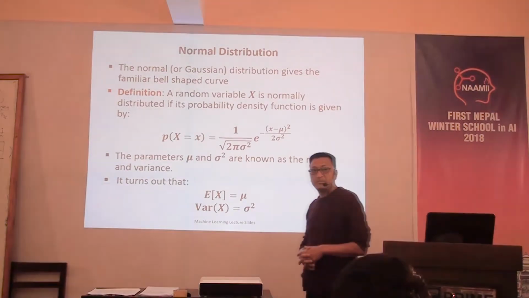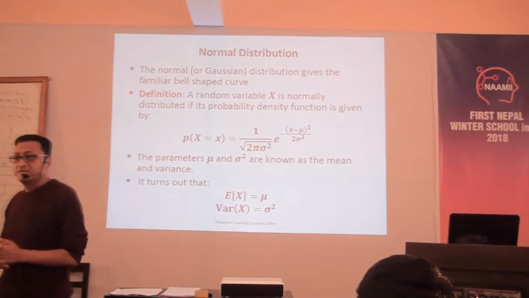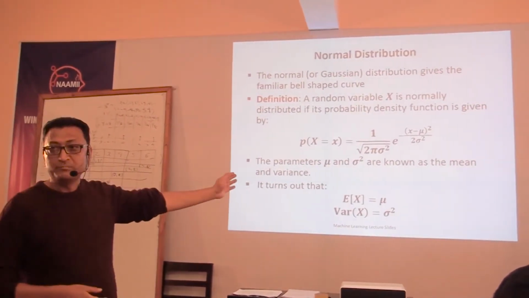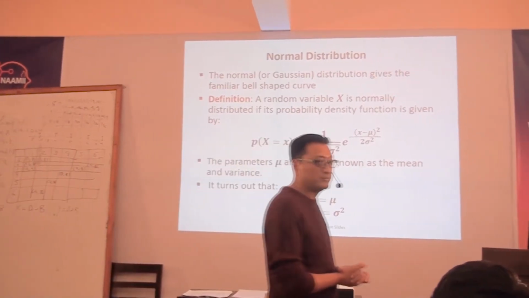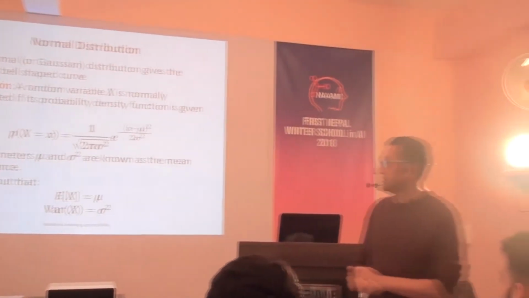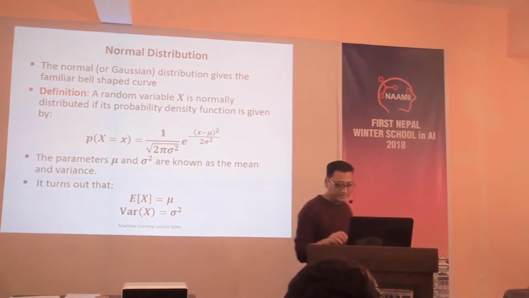The nice thing about this equation is that if you calculate the expectation of this distribution, or the mean of this distribution, it is equal to mu. If you calculate the variance of this distribution, it is equal to sigma squared. So that is why this distribution is so elegant and nice.